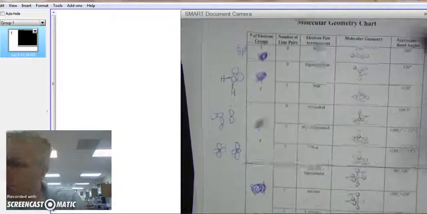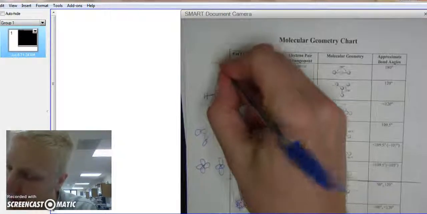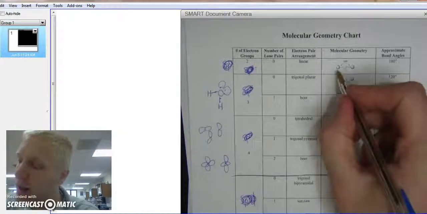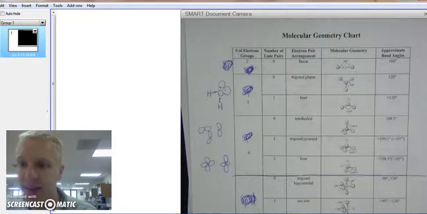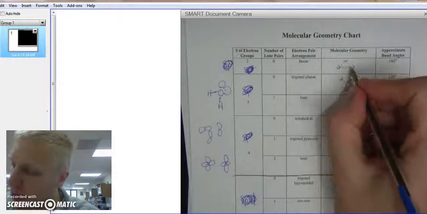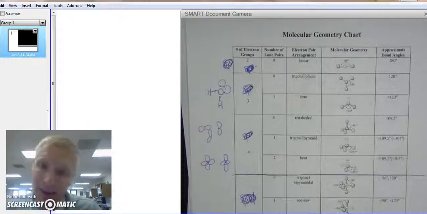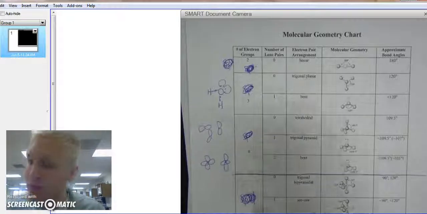Alright, going back to this sheet again, what we have is electron groups. So what does that mean? It's talking about groups of electrons that are attached to this center atom. So here we have 2 electron groups, and it's not talking about two atoms. A two atom molecule doesn't really pertain. It has to have a central atom and at least two outer atoms.